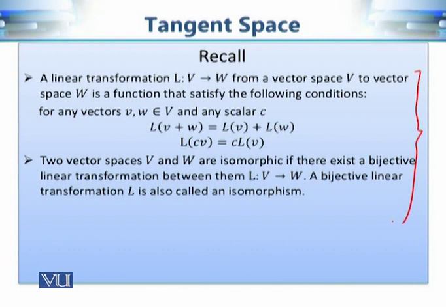To show isomorphism we need to recall the definition. A function from vector space V to W is a linear transformation if it preserves addition and scalar multiplication, and it is an isomorphism if it is also a bijective map. Two vector spaces are said to be isomorphic if there exists a bijective linear transformation between them.